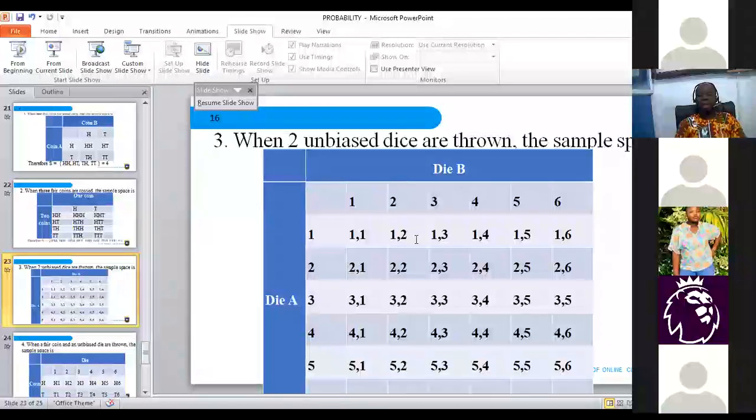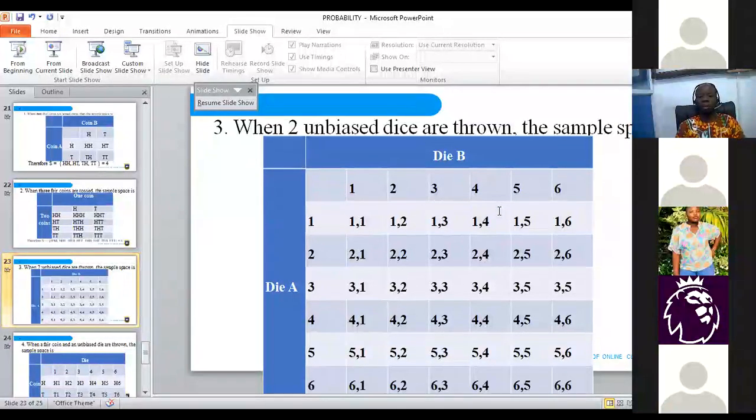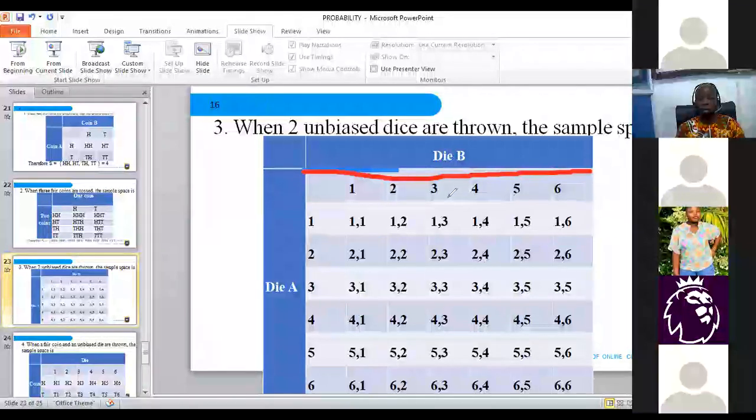Let's look at the result here. The first die will give us the result 1 up to 6, because a die has 6 faces.